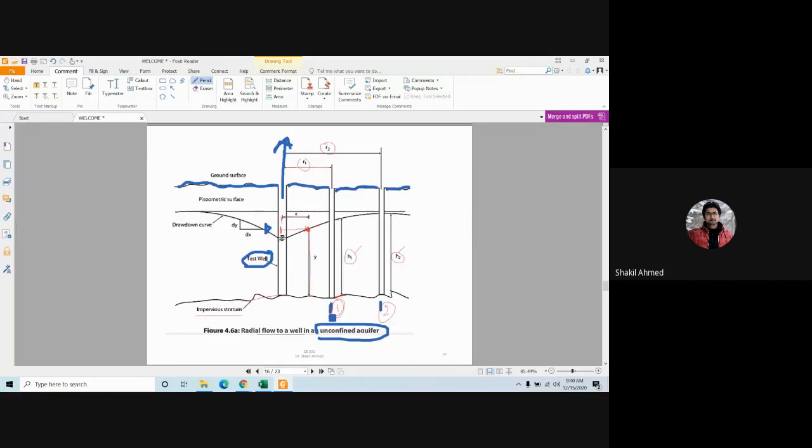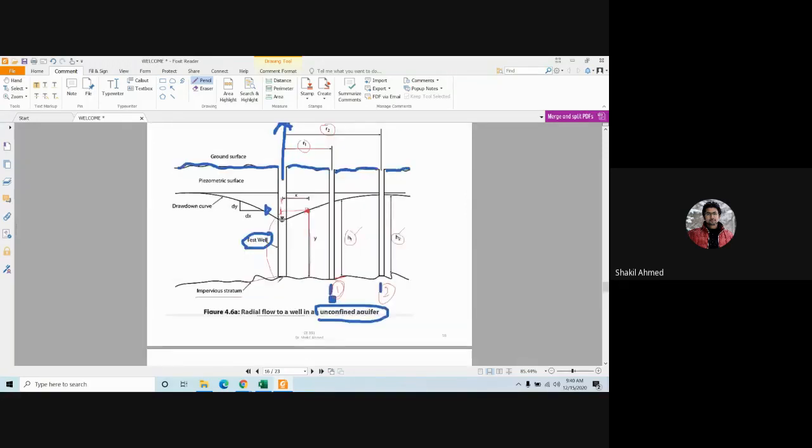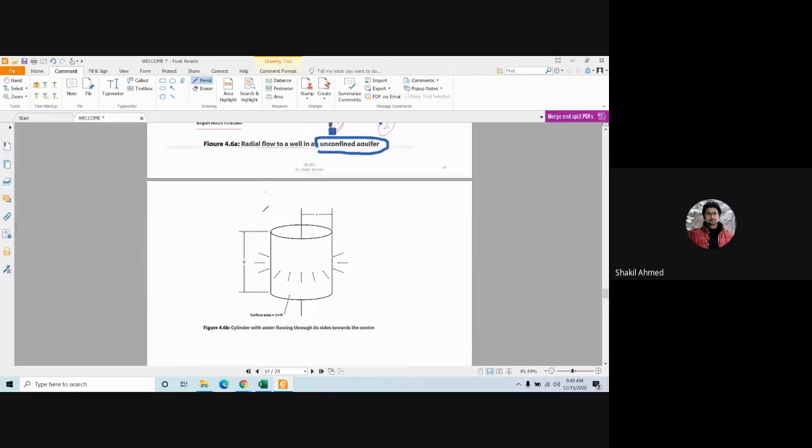If we zoom in here, you'll see that the water is entering through this well screen all around. Am I right? All around. That means your cross-sectional area will be this area. Am I right? Yes, sir.